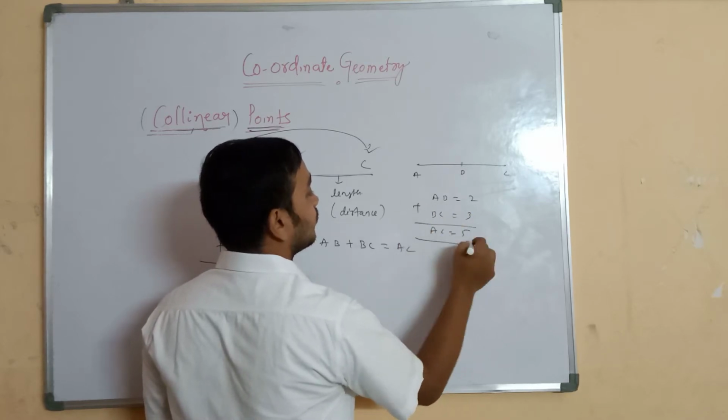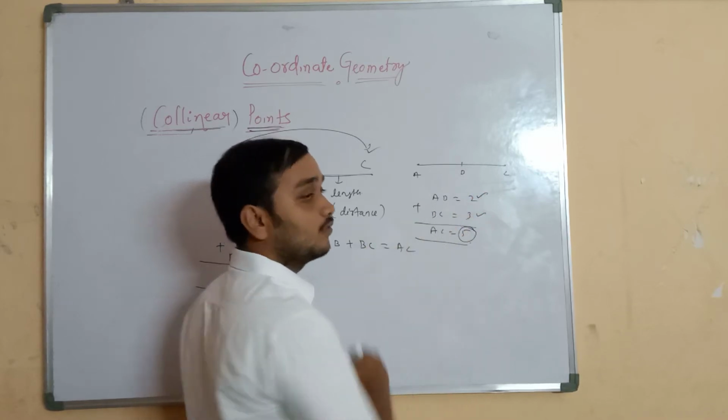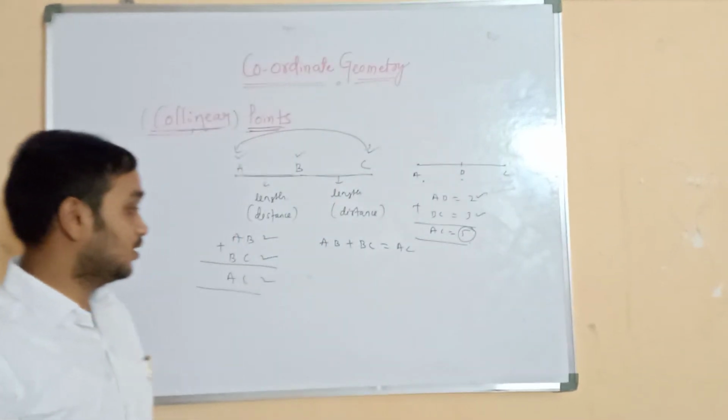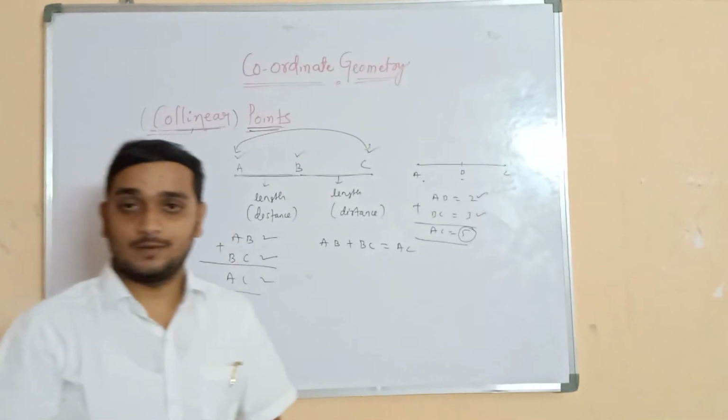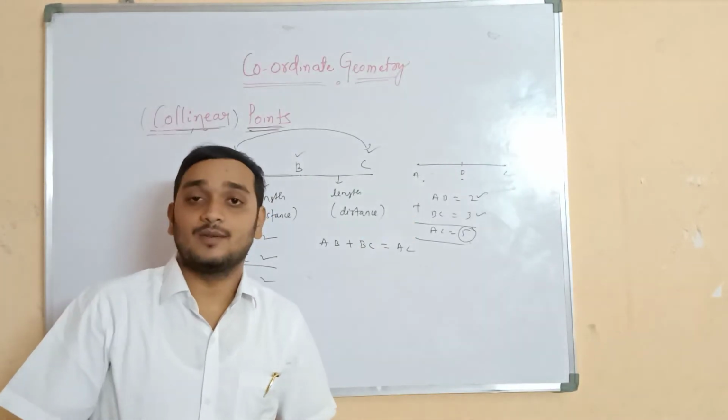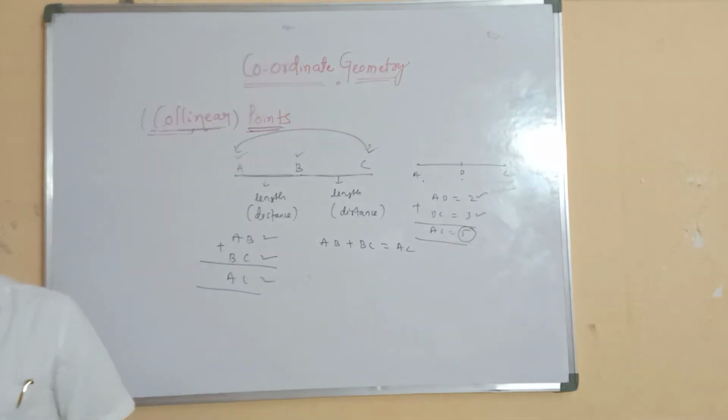Now 2 plus 3 is equal to 5, then these points are collinear. Okay. Now we will take some examples to show the collinear points. Write this example.